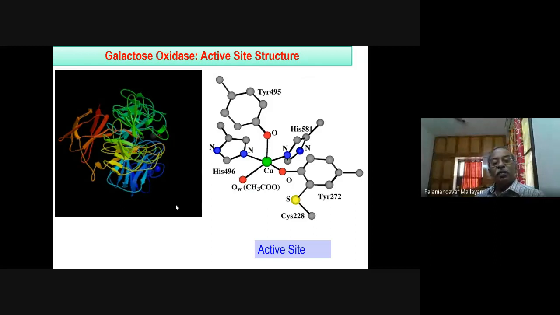Right? So what is the active site structure for this copper present here? This copper has a very distorted square planar geometry, right? You have imidazole again. Look at that, two imidazoles.